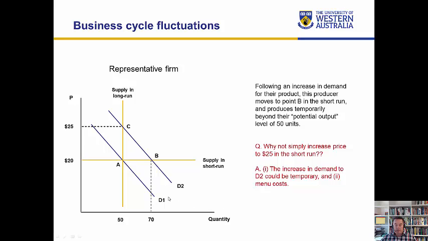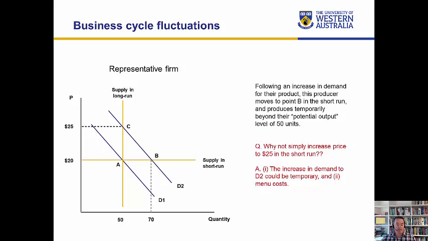Now, over the longer term, however, if that increase in demand to D2 was permanent, then I'm more likely to raise my price to $25, because producing at 70 for too long is simply going to raise my costs beyond an acceptable level, because I'll be pushing capital and labour too hard.